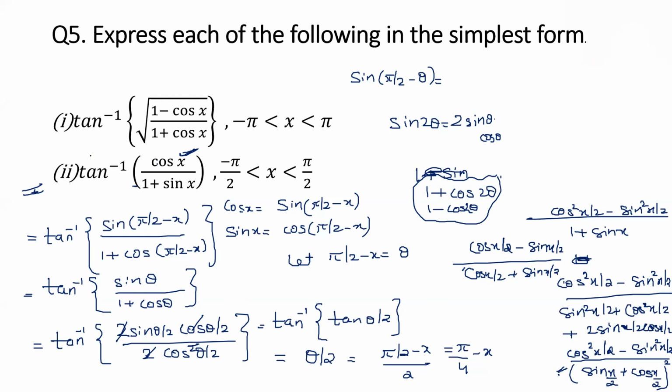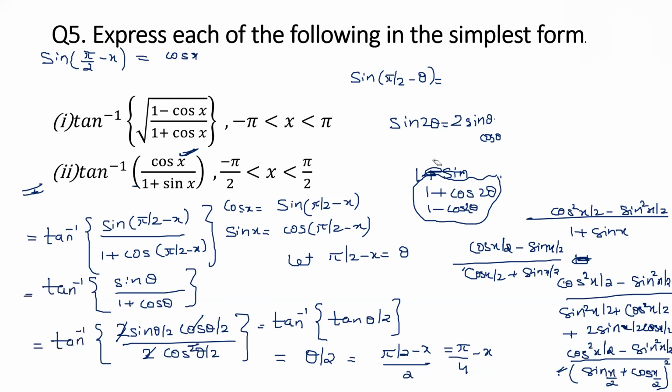Sir, this is the formula, right? Sine pi by 2 minus x. Yes, it's a basic formula. I already told you that if you have an odd multiple of pi by 2, then sine will change into cos. You need to check the quadrant. Pi by 2 minus x lies in the first quadrant, so it will be positive. Is it clear?